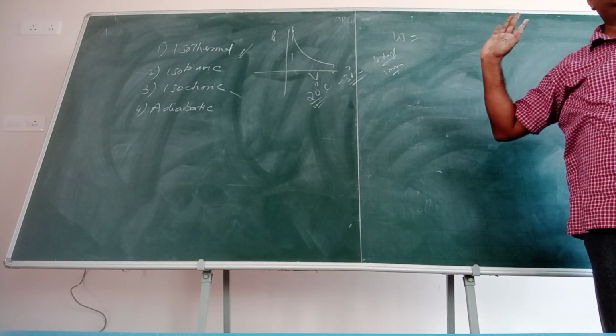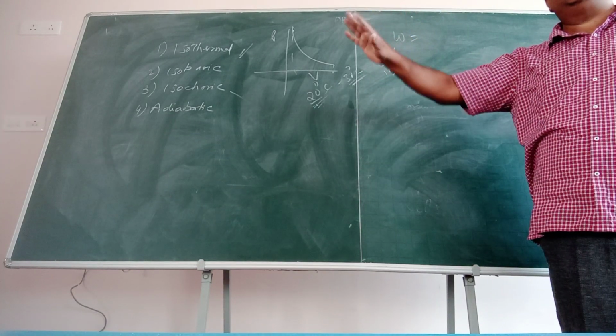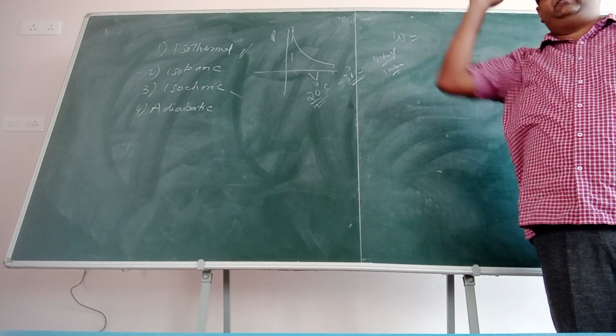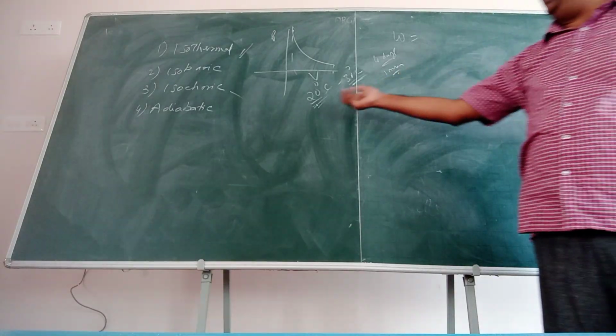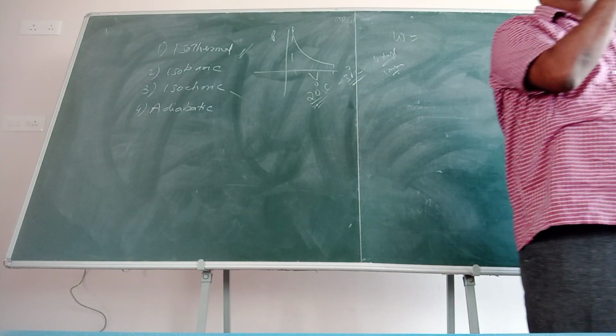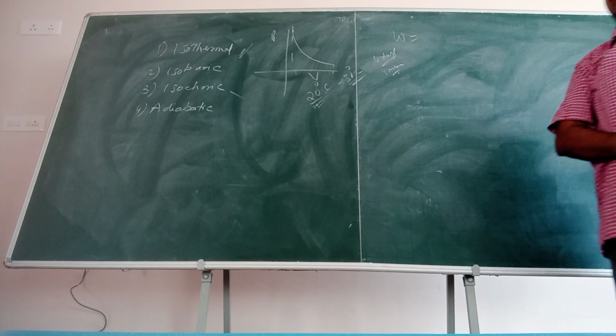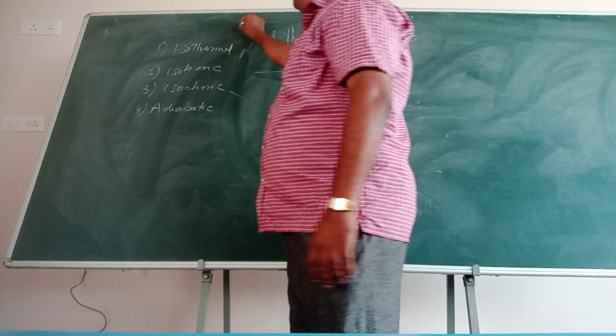I am trying to put it in simple words so that you understand. If I consider 5 minutes, can I say it was 20 only in that 5 minutes? So these small changes happening is called quasi-static.